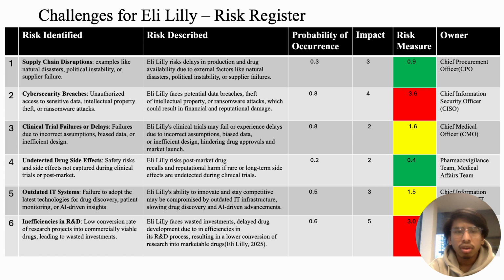For clinical trial failures or delays, the risk is moderate. Undetected drug side effects, the risk is very low. Outdated IT systems, the risk is moderate. Inefficiencies in R&D, the risk is very high because it's very hard to find new medicines. It needs a high cost of research and development.